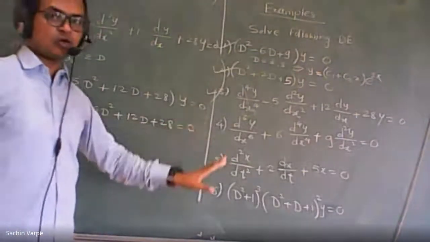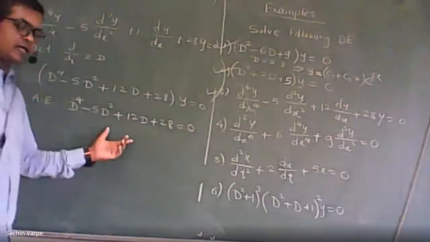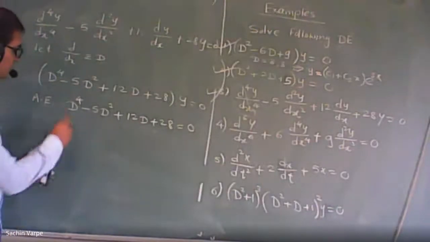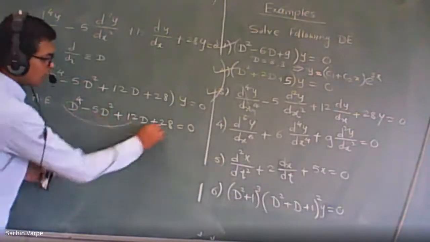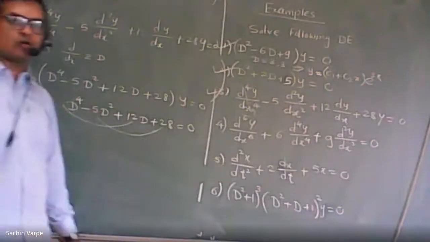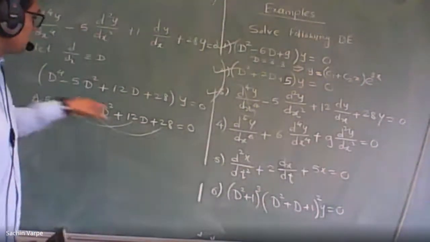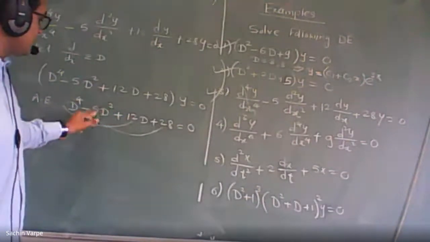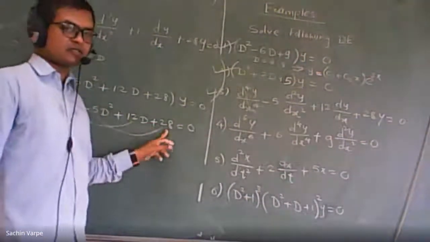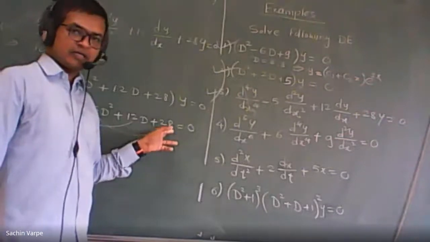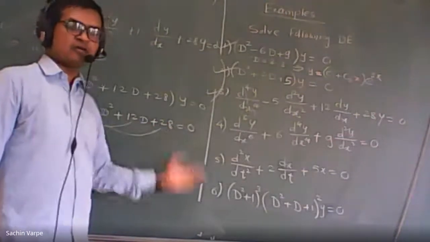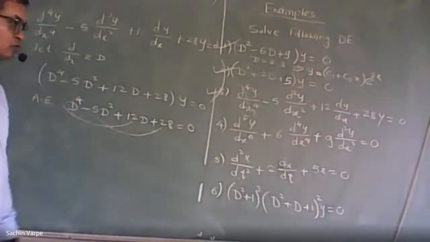So 1 is not a root. Now, the second trick says, if the sums of alternate coefficients are equal, then minus 1 is a root. So let's check here. 1 plus 12 is 13, and minus 5 plus 28 is not 13, right? So again, the sums of alternate coefficients are not equal. So minus 1 is also not a root.